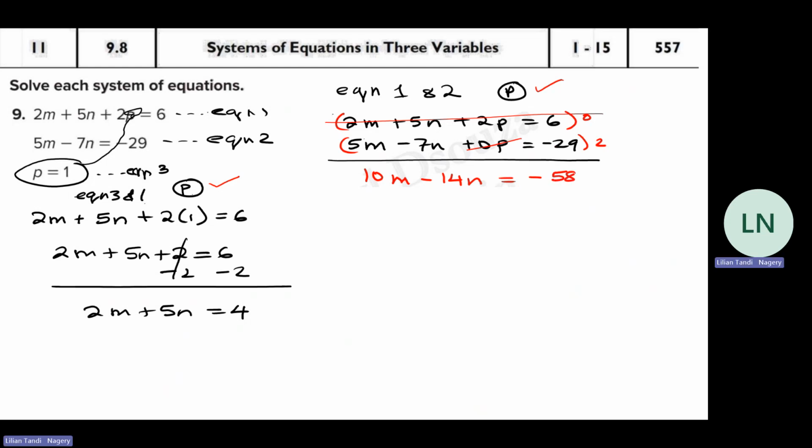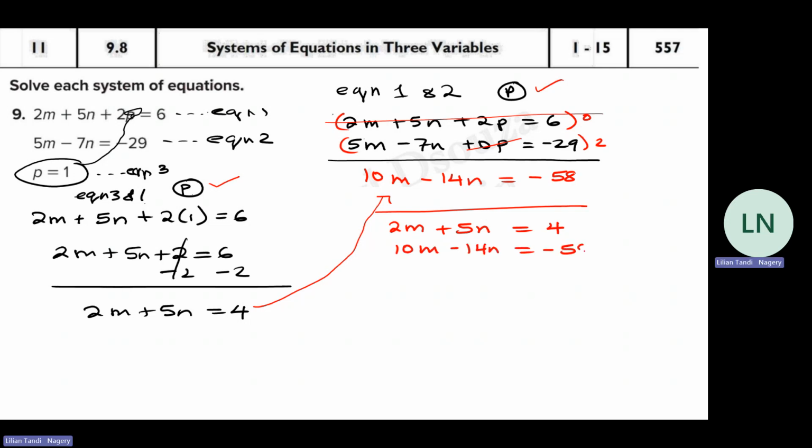Very good. Now I have these two equations. I can join them now. So now I will have 2m plus 5n equals 4, and 10m minus 14n equals negative 58. I want to eliminate m.